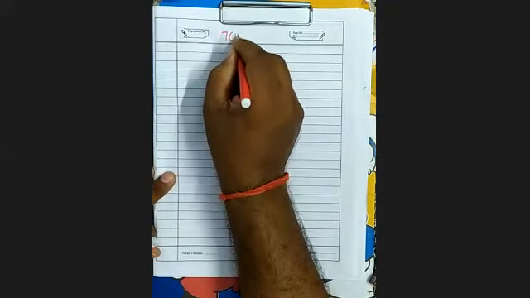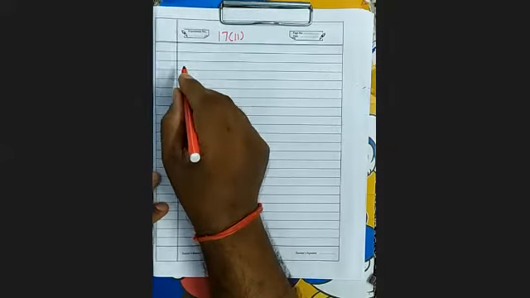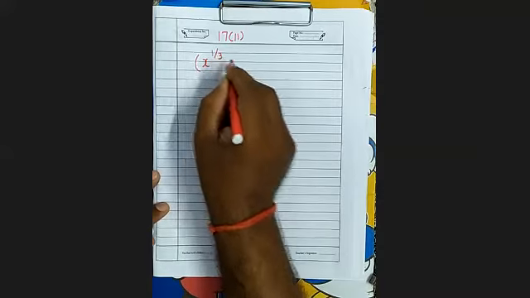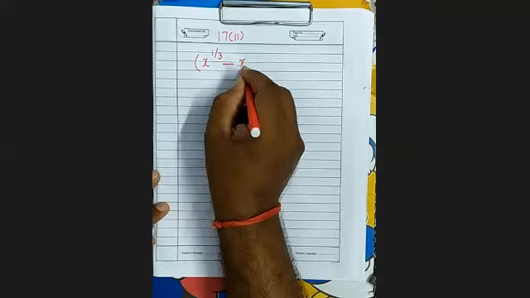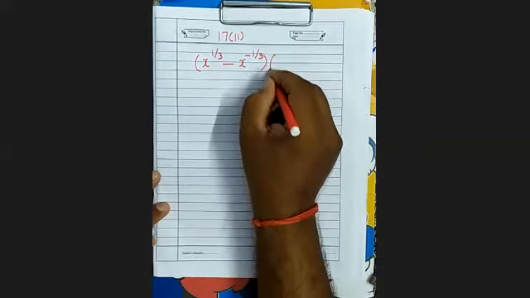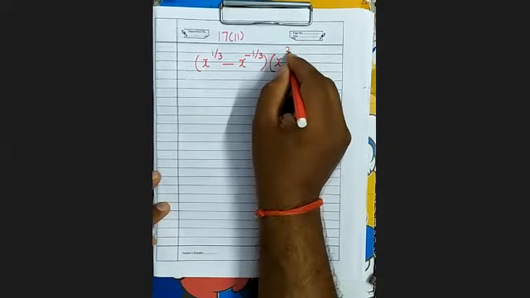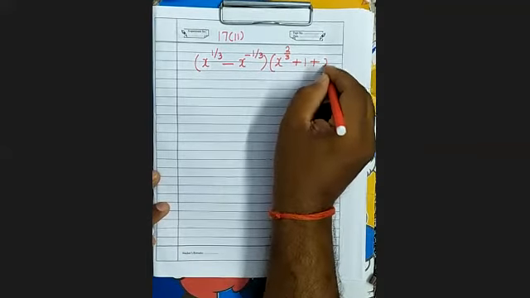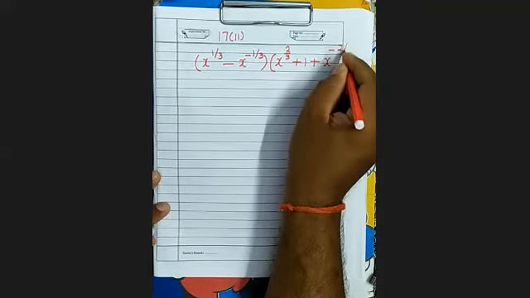Now see here, the second part of this. Here also we will use the special product. Minus x to the power minus 1 by 3. It is x to the power 2 by 3 plus 1 plus x to the power minus 2 by 3.